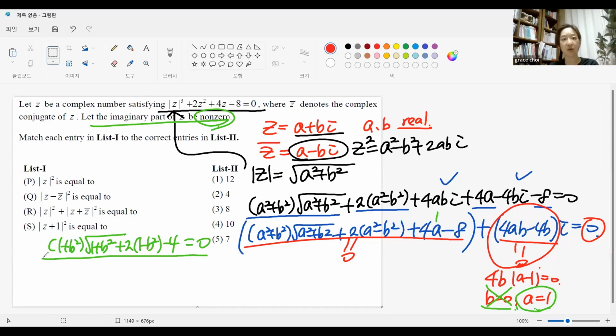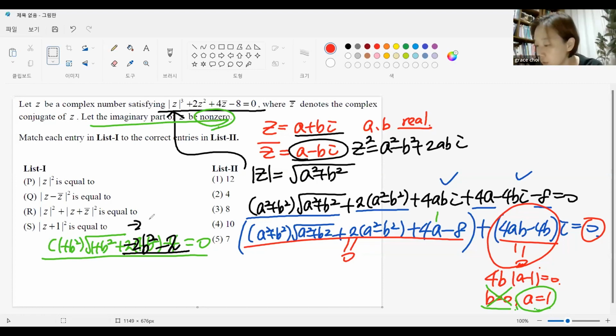Cool, isn't it? Very cool. And then how can you solve that? Well, just this part: 2 minus 2b squared minus 4. Aha, that is minus 2b squared minus 2. Factoring is possible here, the black part.